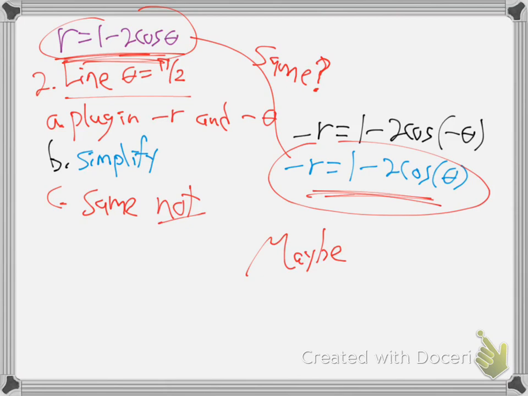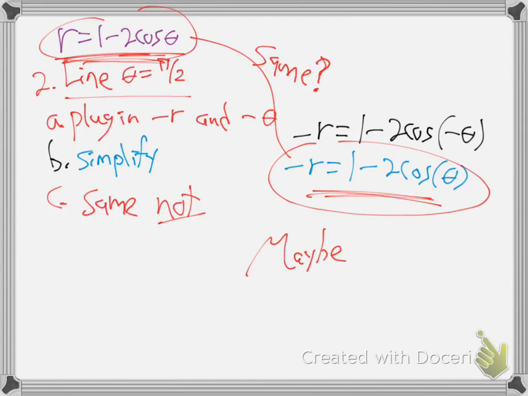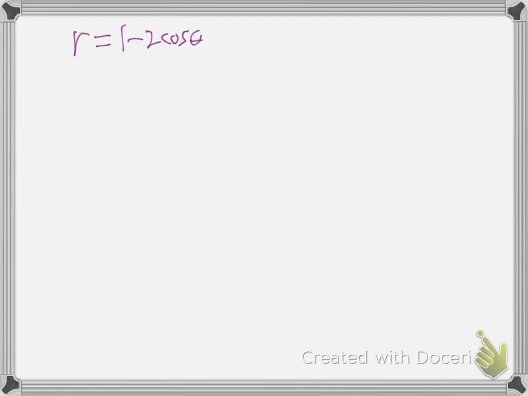I'm going to do number 3. Test number 3. We okay with test number 2? So r equals, what was it? 1 minus 2 cos theta. And everybody got that copied down there? And test number 3, it's the pole, the origin. How do we test the origin?